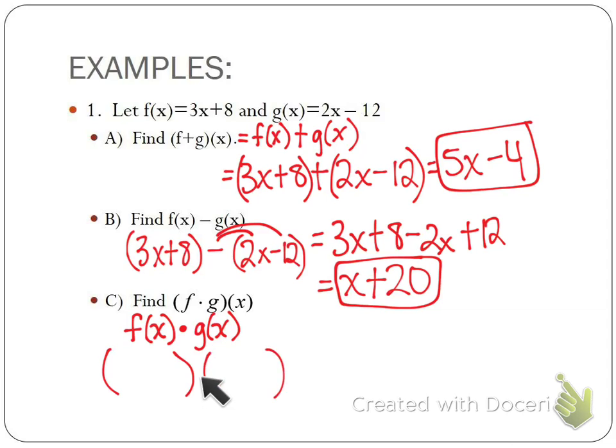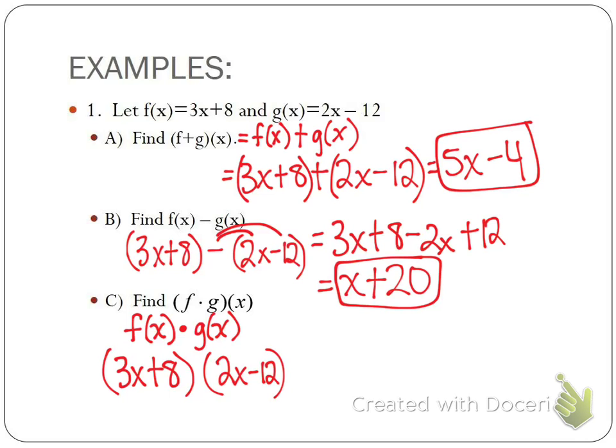If you want to put the dot in the middle, you can, but we don't usually do that when we've got parentheses right next to each other. What's going in my first set of parentheses? 3x plus 8. And my back set? 2x minus 12. What do you think we need to do?